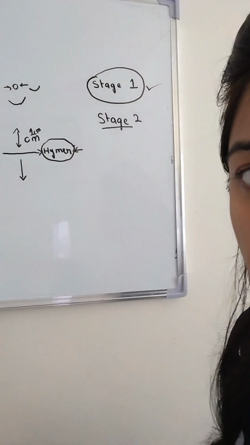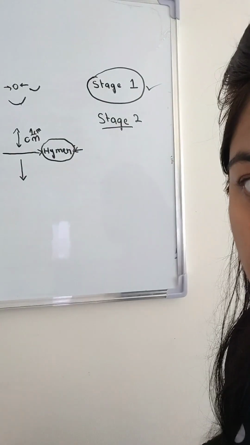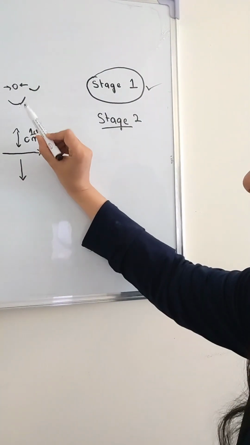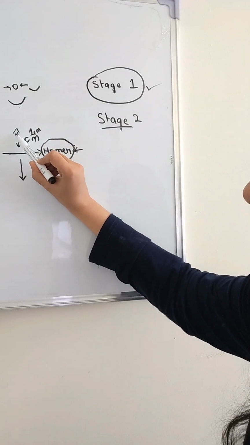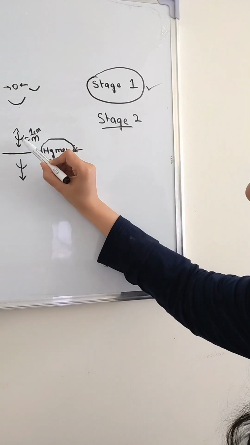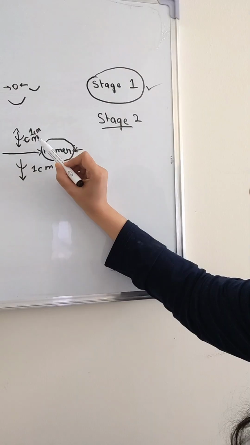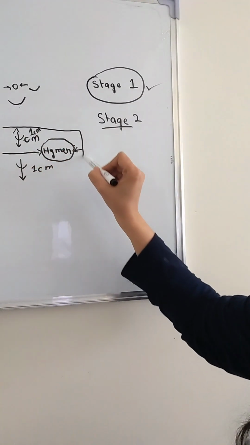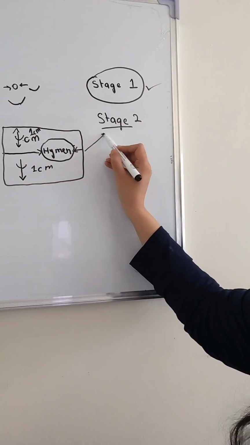Now stage 2 is when the prolapse is right at the opening, within 1 centimeter above or below the hymen. Here more descent has happened, and the descent happened somewhere here or somewhere here, within 1 centimeter above the hymen or within 1 centimeter below the hymen, but it should be within 1 centimeter to classify as stage 2.